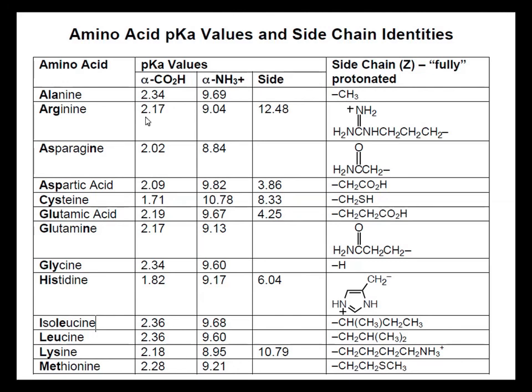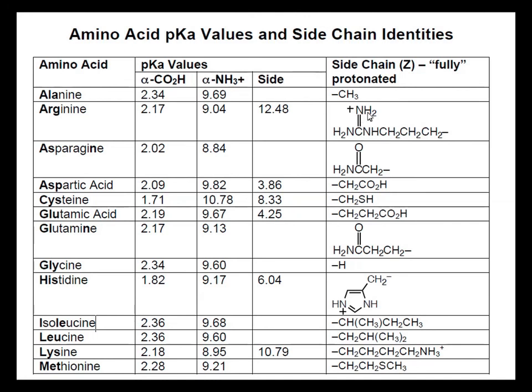This is where that side chain attaches to the main backbone of the amino acid. Arginine has its backbone carboxylic acid at 2.17 for a pKa, its ammonium group at 9.04, and its side chain pKa at 12.48. So that means here's where it attaches to the backbone. So this is CH2, CH2, CH2, NH, C double bond NH2.